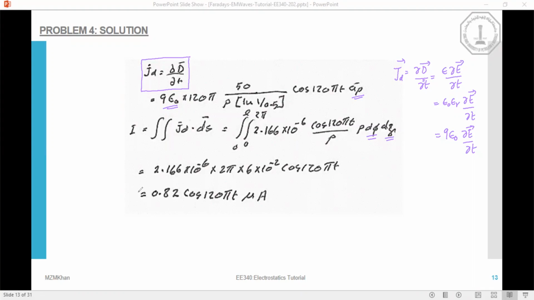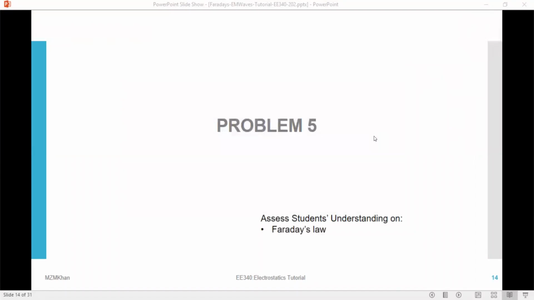When you solve it, this is the displacement current. So this is how you can find the displacement current or the displacement current density inside any capacitor.